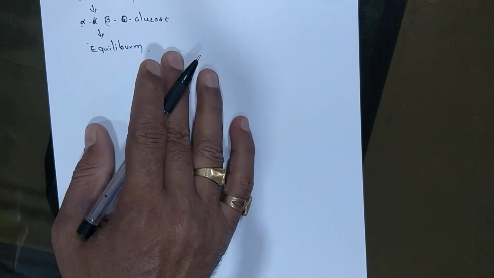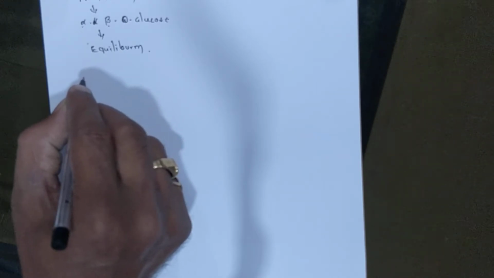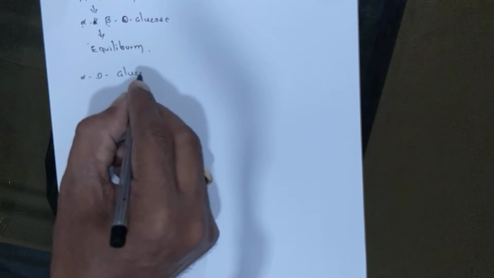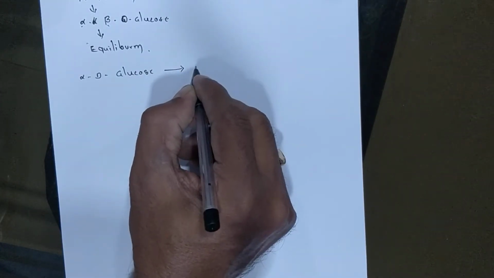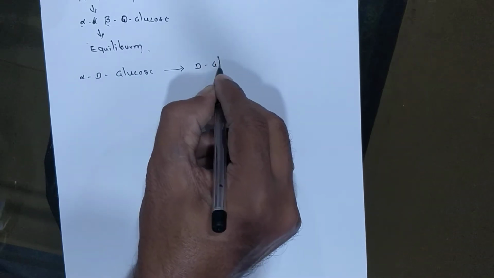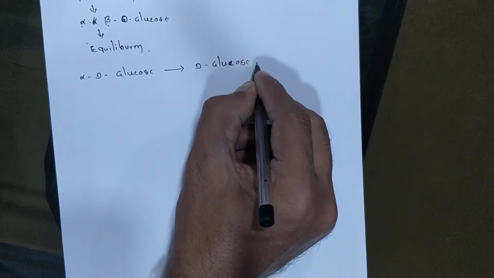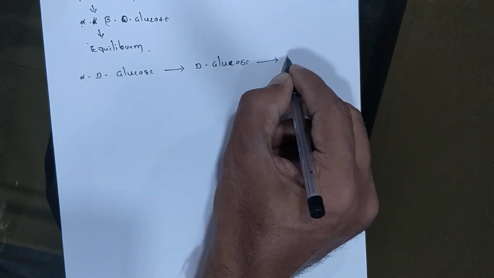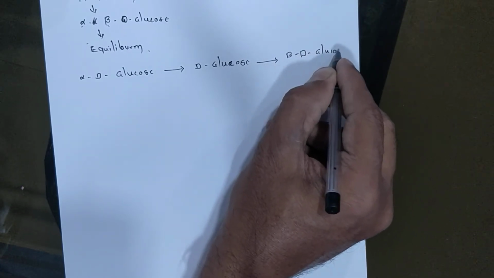How do we show the equilibrium value? See, here write down alpha D glucose. Now here is the D glucose solution. Now here the changes take place. How do the changes take place? Beta D glucose has a specific rotation.